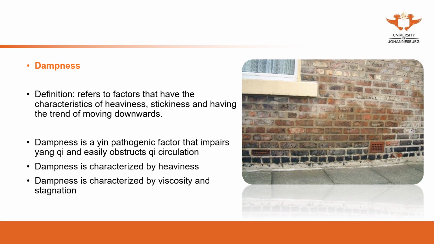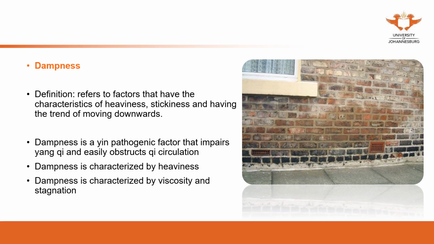So when we try to understand what kinds of characteristics these pathogens have, you need to think about the actual dampness or the actual wind in the environment. What kinds of characteristics will the wind have? Same as here, the dampness.